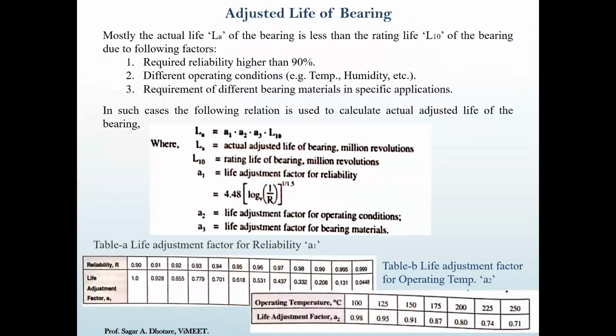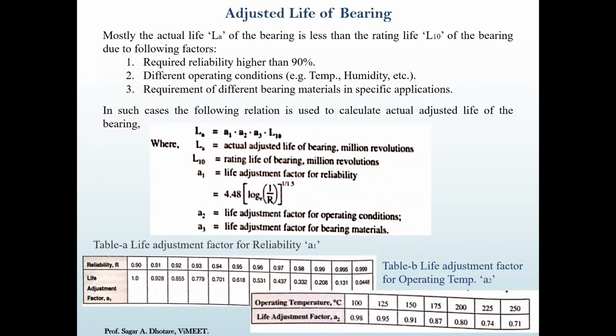Adjusted life of bearing. As we already discussed, we have to find out the actual life and the rating life. There are some differences, and always the actual life is lesser than the rating life. For that purpose, some factors are affecting it, so we need to consider those factors.